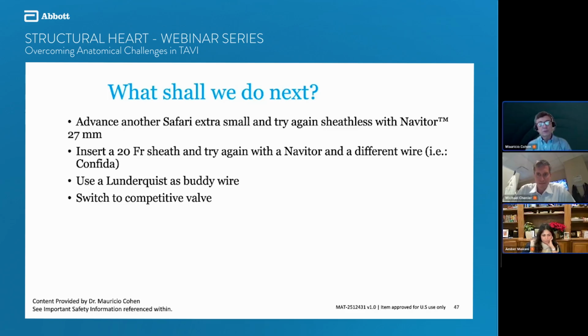For the 27 millimeter valve, we needed to use a 20 French sheath, so we used probably one of the dry seal bore sheaths to do that. And we used a different wire. I think we used the Confida. So go to the next slide.